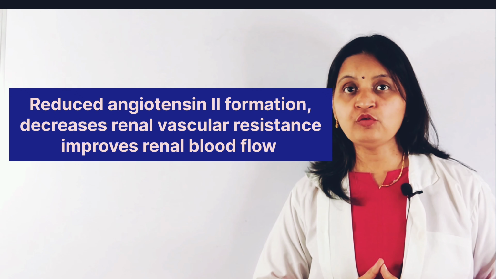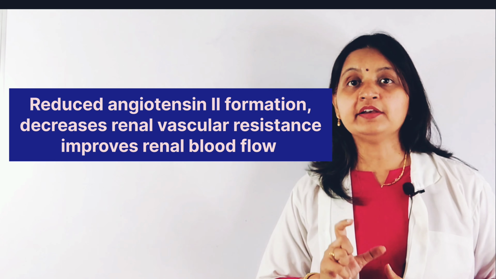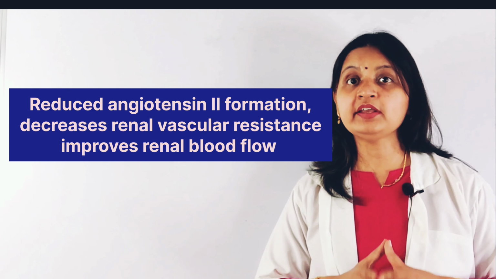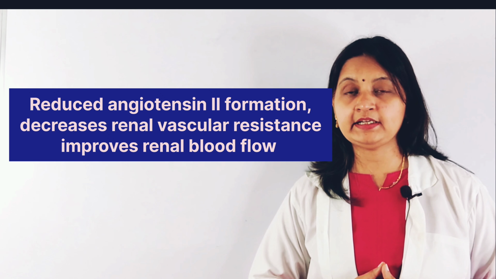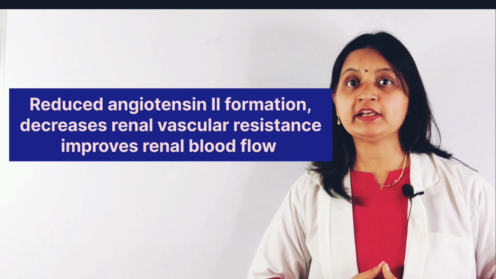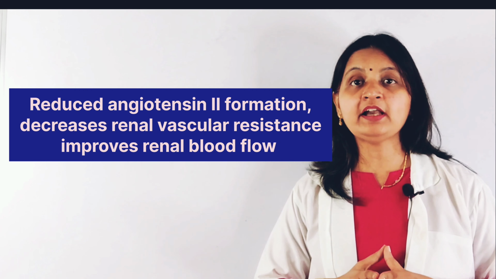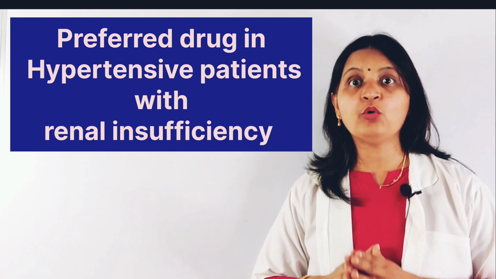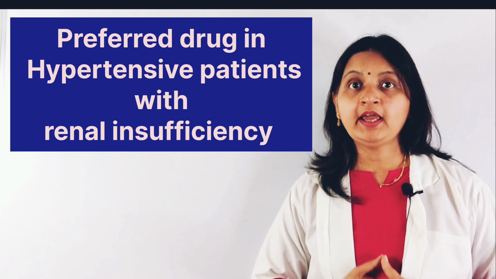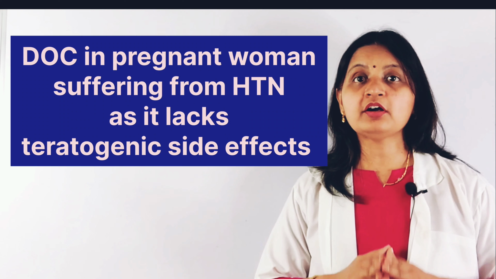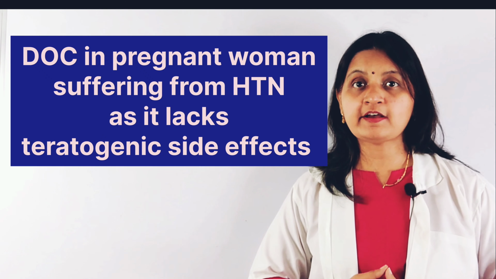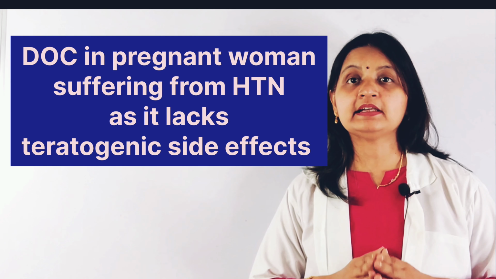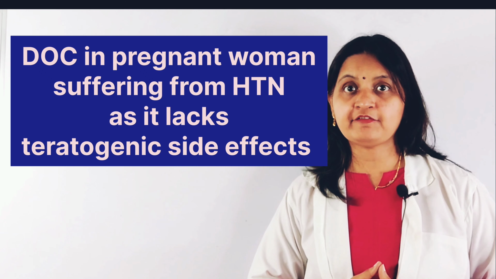Decreased angiotensin II formation decreases the renal vascular resistance, increasing the renal blood flow to the kidney and thereby improving renal perfusion. Therefore, methyl-dopa is the preferred drug for the treatment of hypertensive patients with poor renal perfusion. Methyl-dopa is the drug of choice in pregnant women suffering from hypertension as it lacks teratogenic side effects.